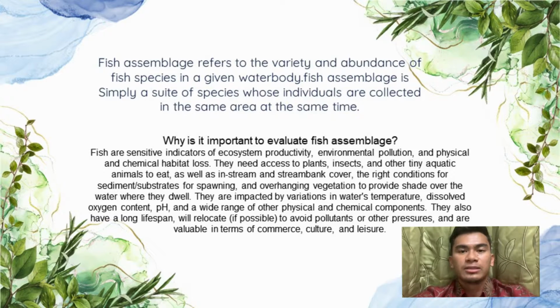They need access to plants, insects, and other tiny aquatic animals to eat, as well as in-stream and stream bank cover, the right condition of sediment or substrate for spawning, and overhanging vegetation to provide shade over the water where they dwell.